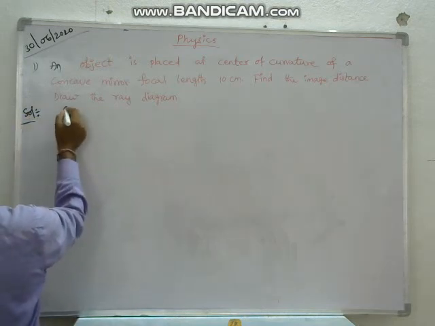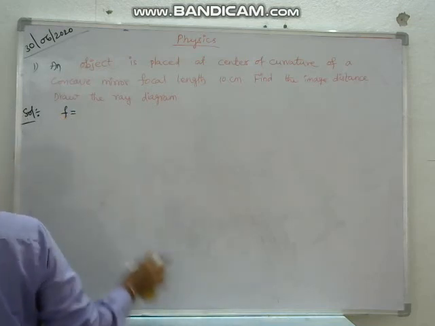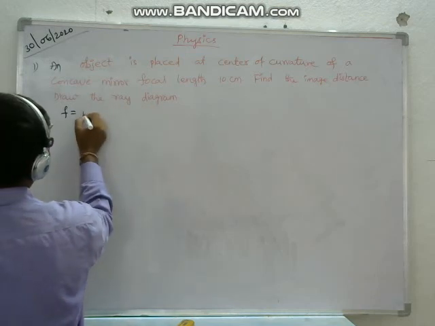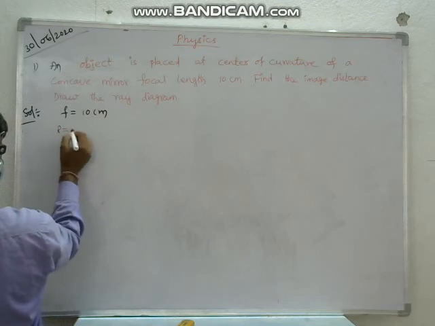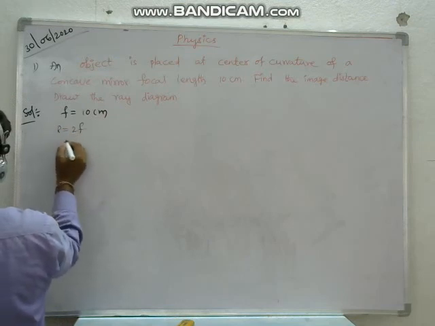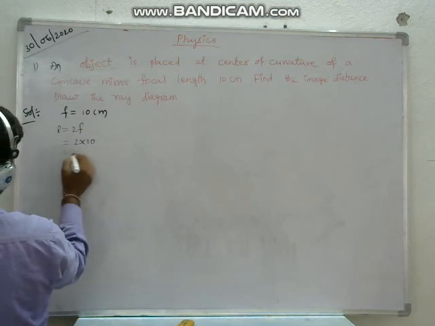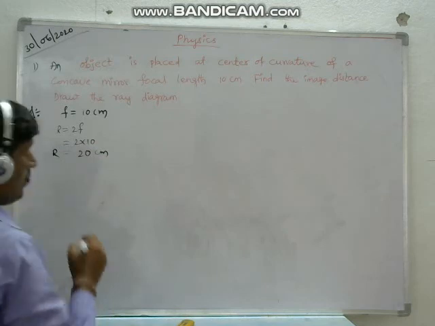Focal length of the concave mirror is 10 centimeter. So the radius of curvature r is equal to 2f, that is 2 into 10, which is equal to 20 centimeter. So the radius of curvature is 20 centimeter.